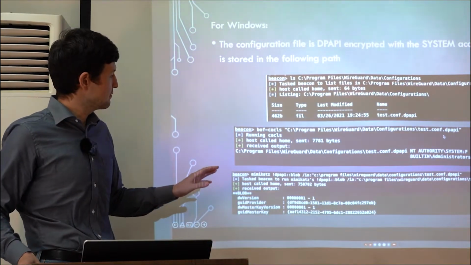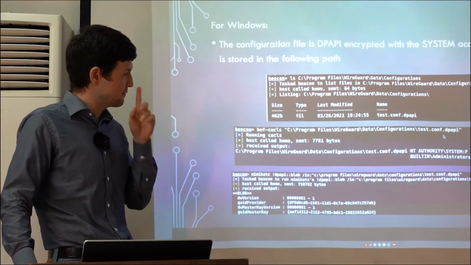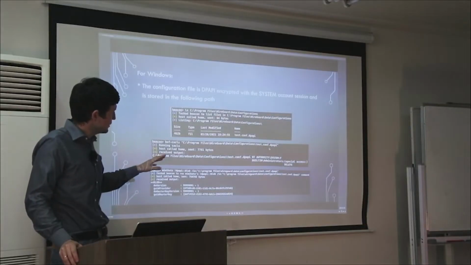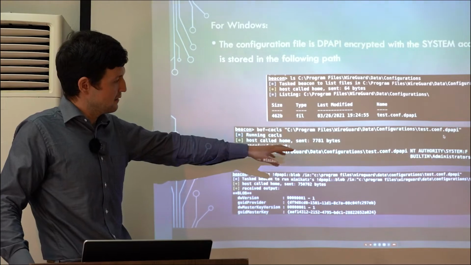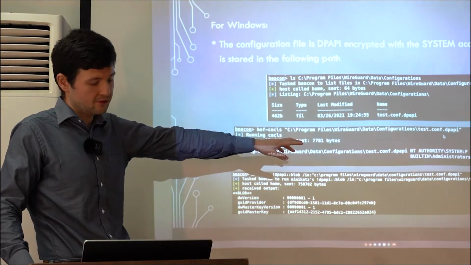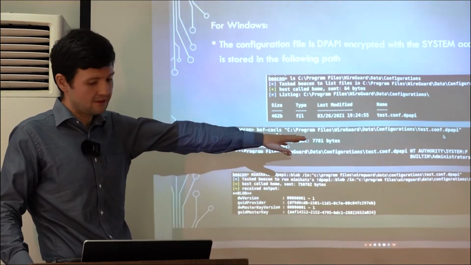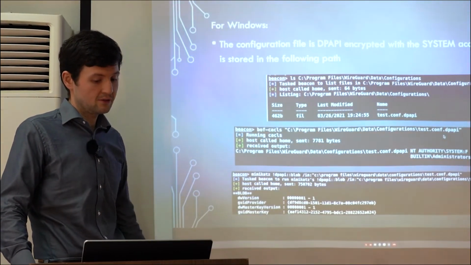So from the user's perspective, even if you are an admin, you can't touch this file because only the system has full access privileges, and the administrator can only delete this file, but can't access it from the GUI.